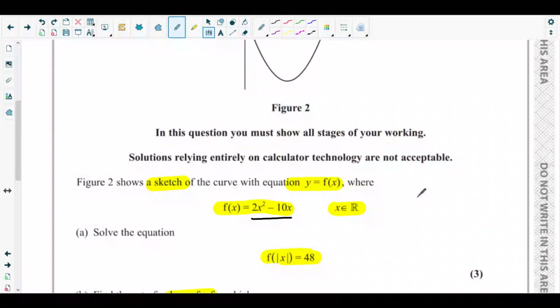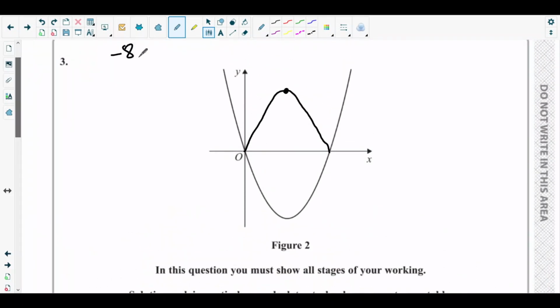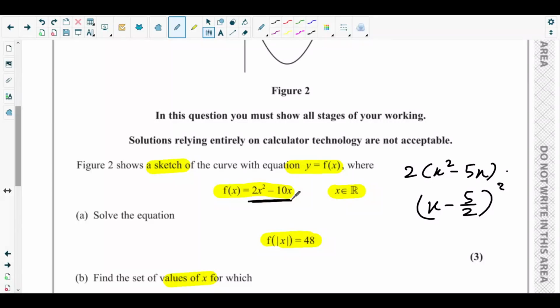Just try to get the pattern. We will take 2 common, so you will get x squared negative 5x. Then in the completing the square form, x squared plus bx becomes x plus b over 2 whole squared, and then something. So we got the x coordinate. The x coordinate is 5 over 2.